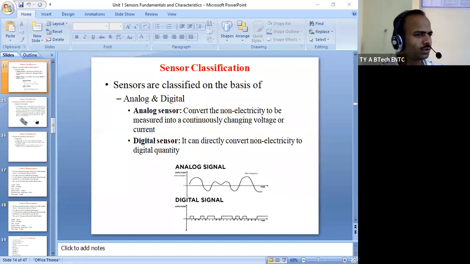Standard reading should be 10 volt, and you have measured 9.9 volt, 9 volt, 9.5 volt. So this is measured, expected 10 volt. Is the difference 1 volt? It is the actual magnitude with respect to the 10 volt reading.